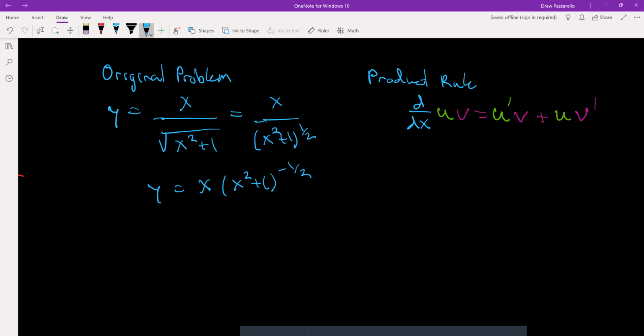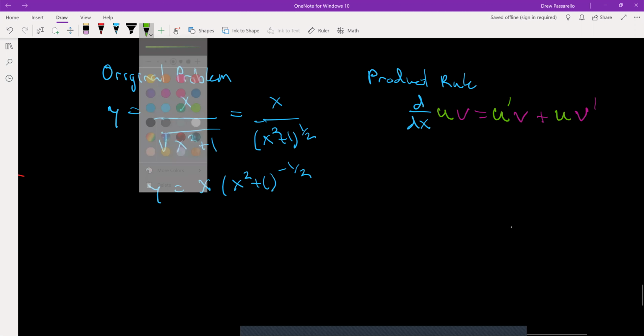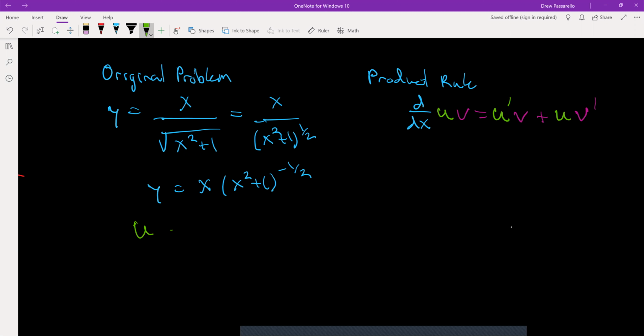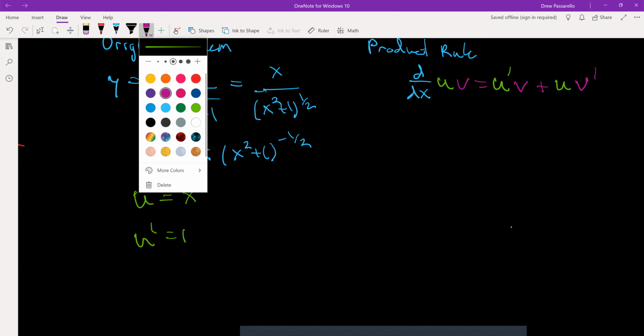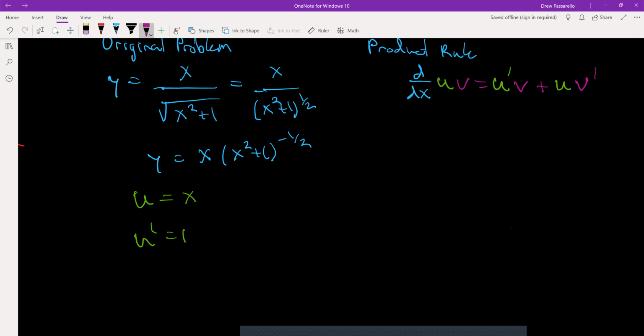So u is going to be x. The derivative of x is 1. So u prime is 1. v is going to be the x squared plus 1 raised to negative 1/2 power. So v prime, if I take the derivative of this, I'm using the general power rule, which is really chain rule.